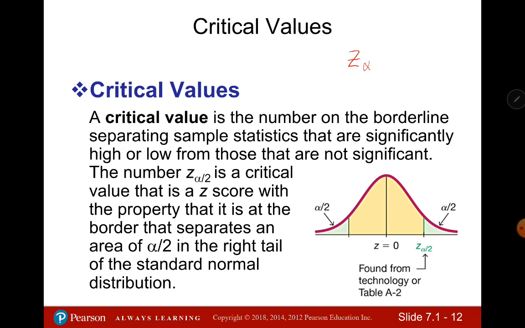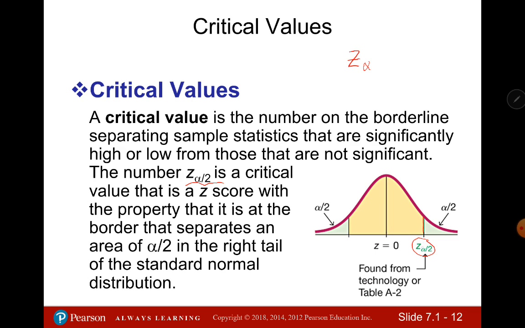Here we have the critical value z sub half alpha. With this Z, we can separate the whole area into two parts, and the right tail is just half alpha. That's the meaning of critical value.